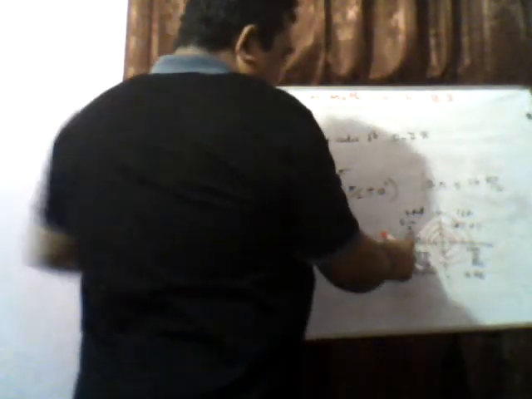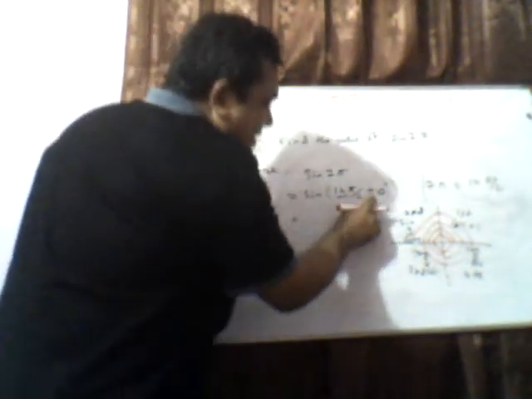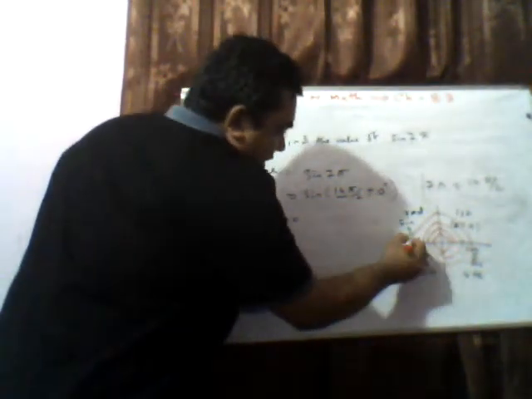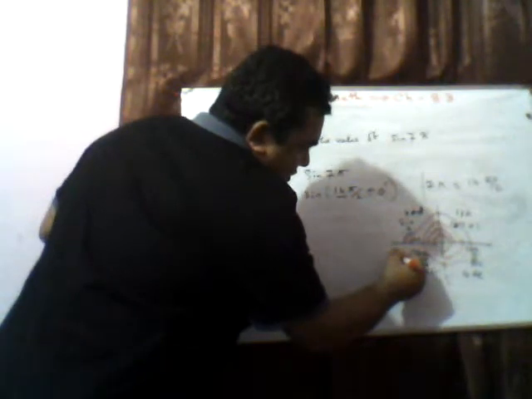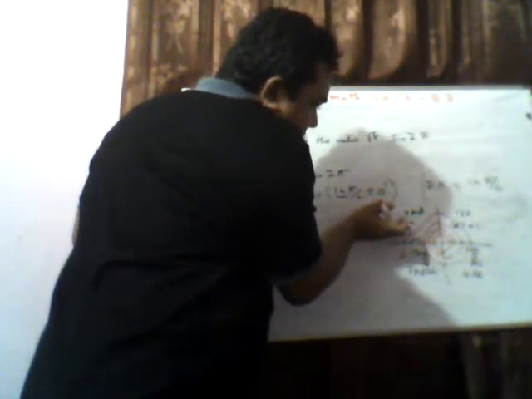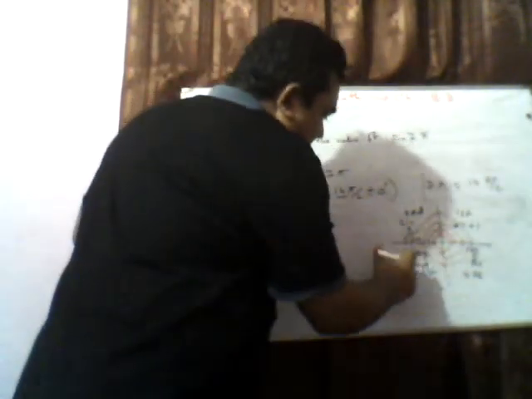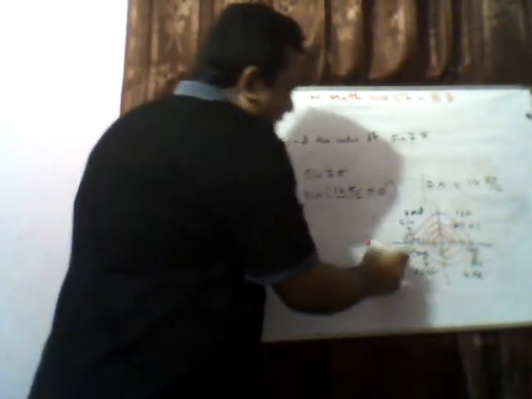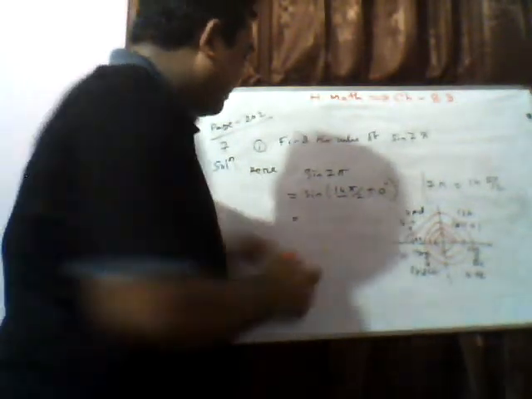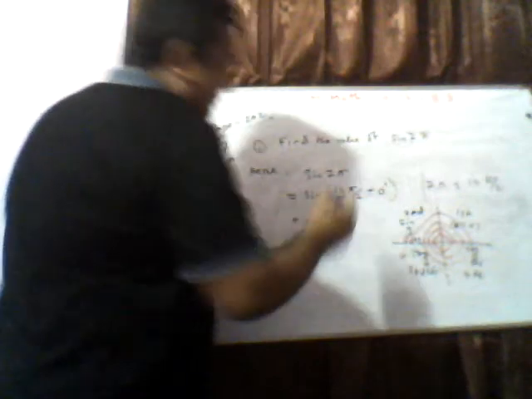At 14, this is the second quadrant. But here the sign is plus, so it passes through to the third quadrant. If it were negative, it would stay in the second quadrant. But here it is plus, so it passes through the third quadrant. In the third quadrant sine is negative, so we get sine negative.